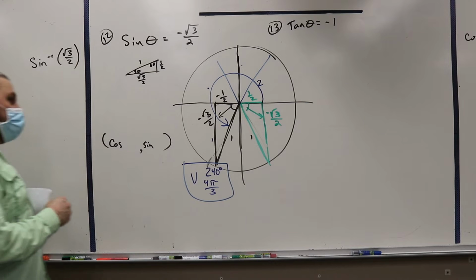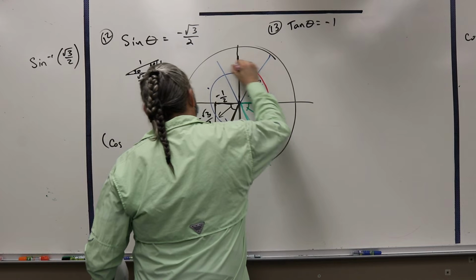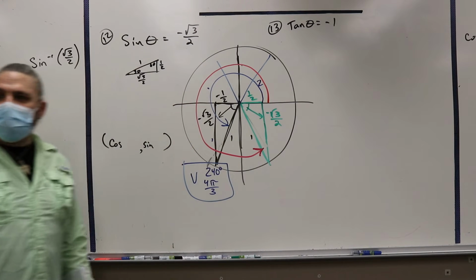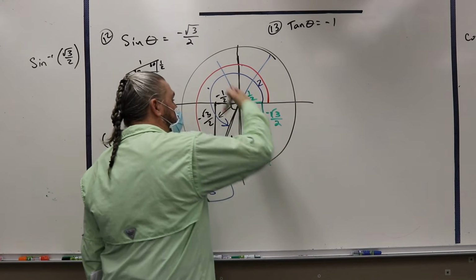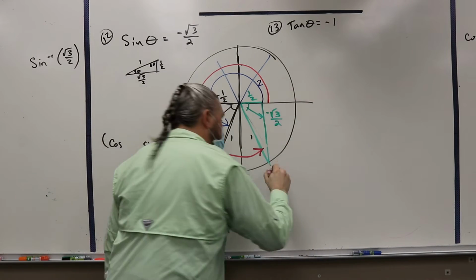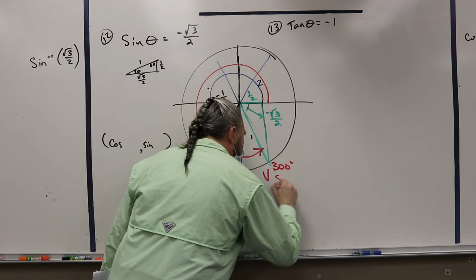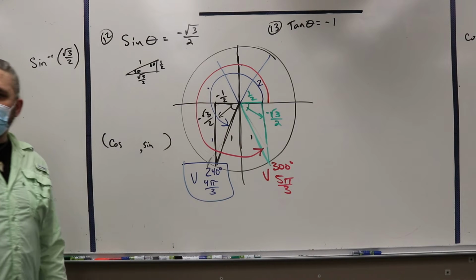What about the green or the red, however you want to look at it? When I go all the way around to this, it's 300, which is 60 before 360. Or, like you said, 5 pi over 3.